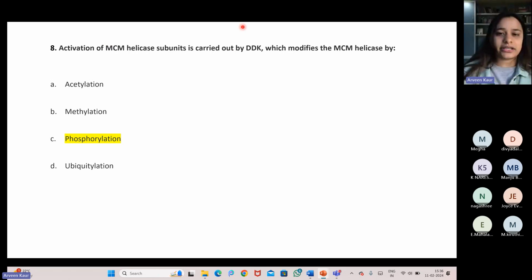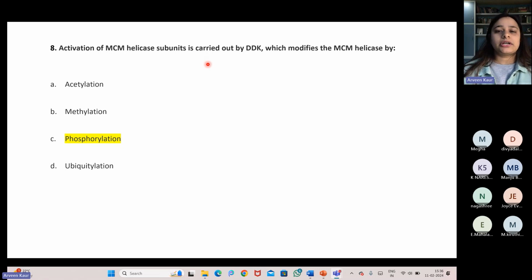So we have to consider DDK to be an enzyme, and probably because it is ending with K, it is a kind of kinase. That is a very valid assumption to have.